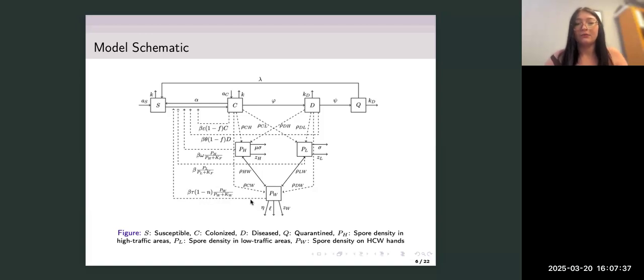Lastly, there are the three pathogen classes in the center, and you can see a double-sided arrow going between PW and pH and PW and PL. This will be described by our Heaviside function, which I will talk about in the equations.